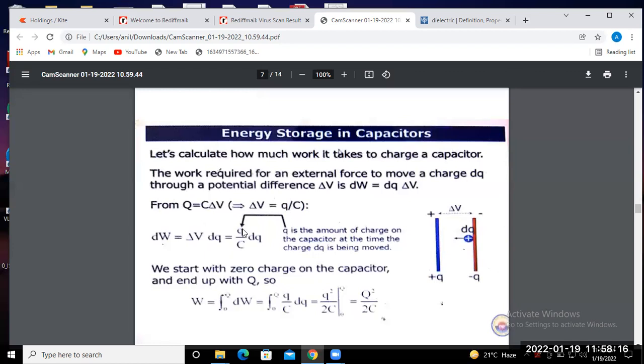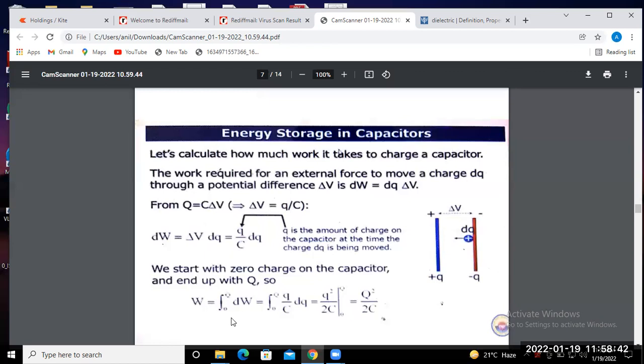So if you want to find the total work done, we have to integrate from 0 to Q, the total charge. We start with 0 charge on the capacitor and end up with the total charge Q. Okay. So the total work done is represented by W.